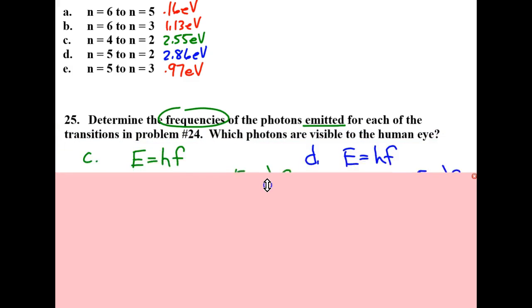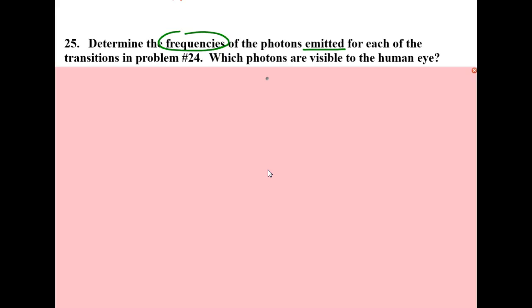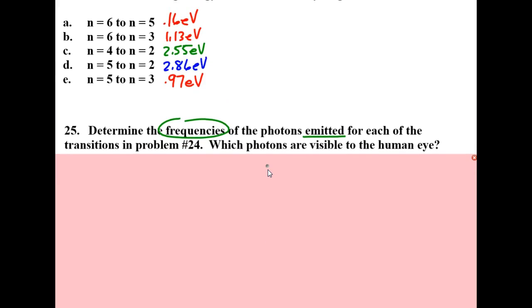Number 25: determine the frequency of the photons emitted for each of the transitions in problem 24. Which photons are visible to the human eye? So in each of these cases, you're going to take these energies and set them equal to hf. You're going to use the electron volt second form of Planck's constant, 4.14 times 10 to the negative 15 electron volt seconds, and solve for f.